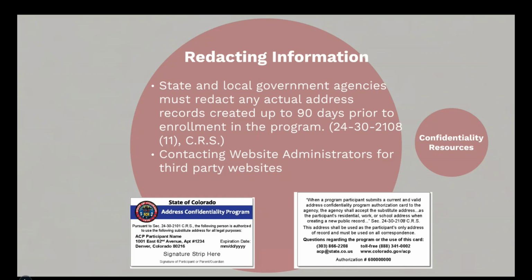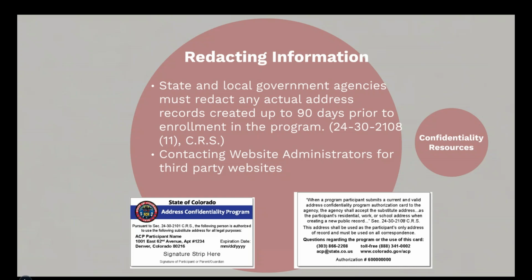So if they're not able to do that, then some other options that they have include trying to redact that information. So if they maybe accidentally provided their actual address when going to get their vehicle registered, then they can still go back, go in person, and request to use the substitute address.